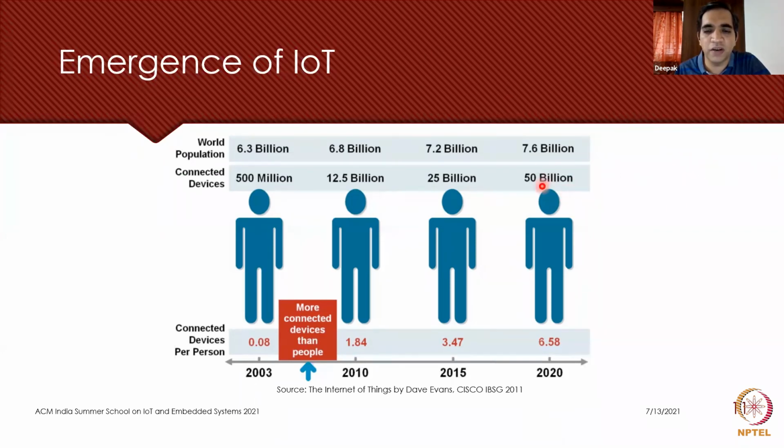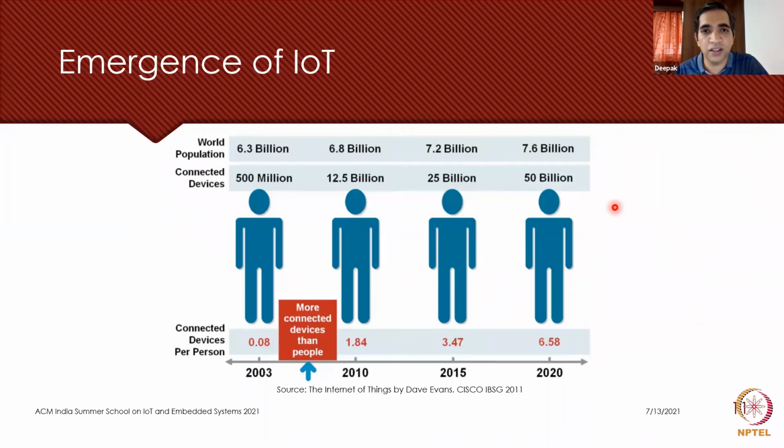When so many entities are trying to connect and send their data to the cloud, that's not what cloud was designed for. The very inception of cloud did not happen keeping in mind the IoT scenario. The IoT scenario happened later, and cloud is trying to catch up, and there are various things being done.